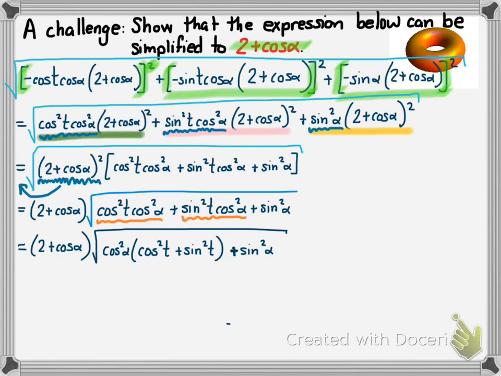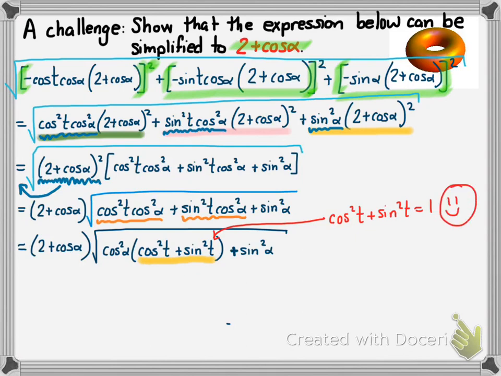Okay, now take a look at what is inside of those parentheses. Cosine squared t plus sine squared t. That makes me really happy because when we are talking about cosine squared t plus sine squared t, I immediately think about the Pythagorean identity, the best Pythagorean identity in the entire world, cosine squared t plus sine squared t is equal to 1.